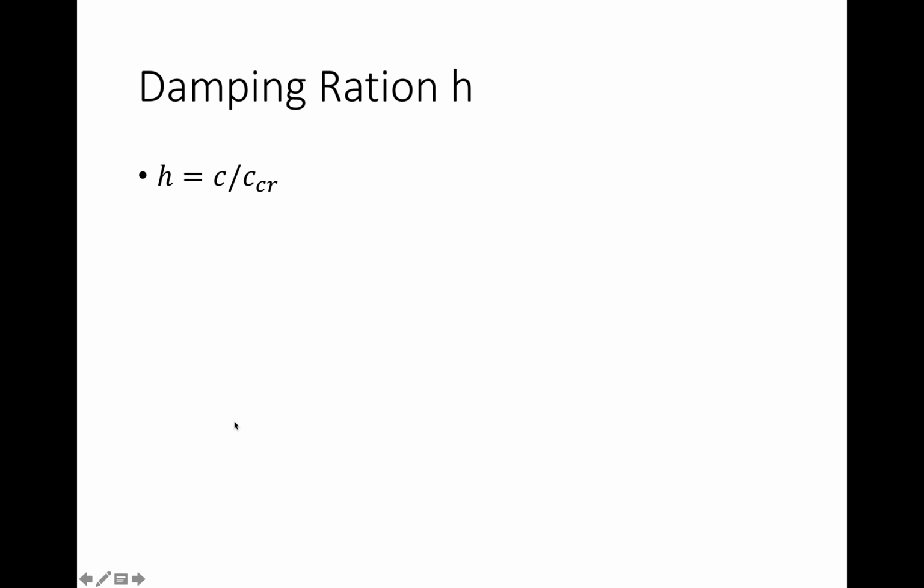But in most cases for structures, there will not be such strong damping. So the real damping should be some ratio of the critical damping. Here we define the damping ratio h as the real damping factor divided by the critical damping. So C becomes h times the critical damping, which is 2h square root of mk.